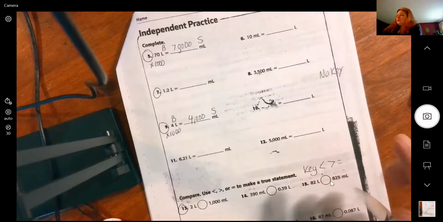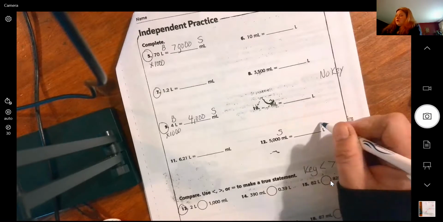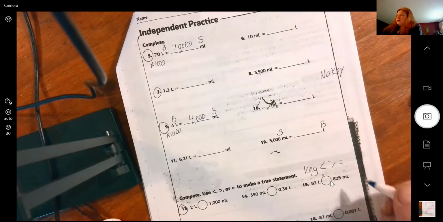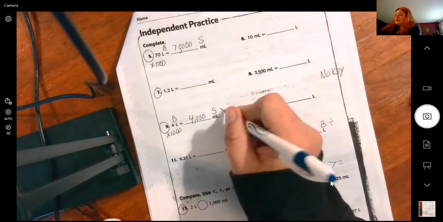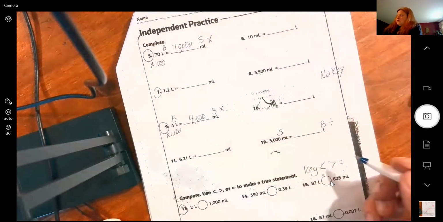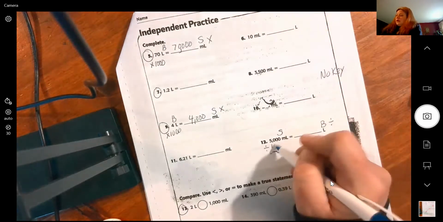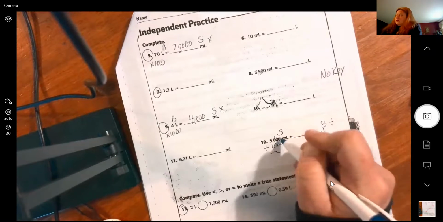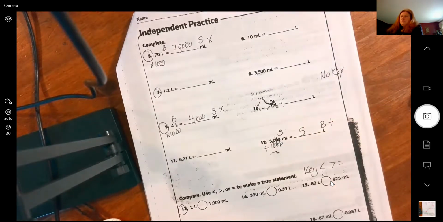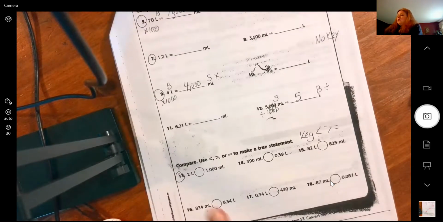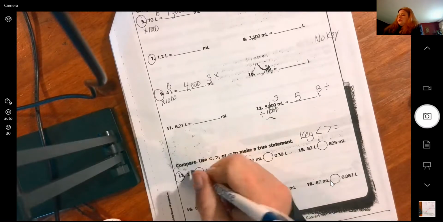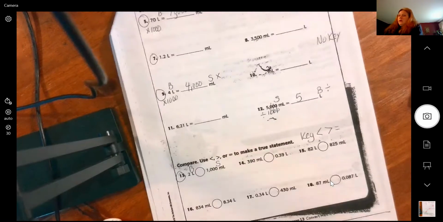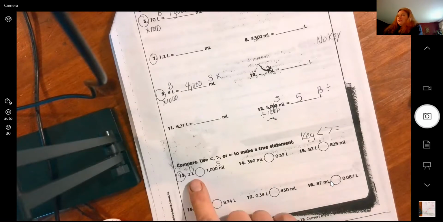Milliliters to liters, small to big, which means we need to divide. We're going to divide by 1,000. All right, liters to milliliters, big to small. I prefer to do the multiply, so I find the one that's big. So I need to turn liters into milliliters.